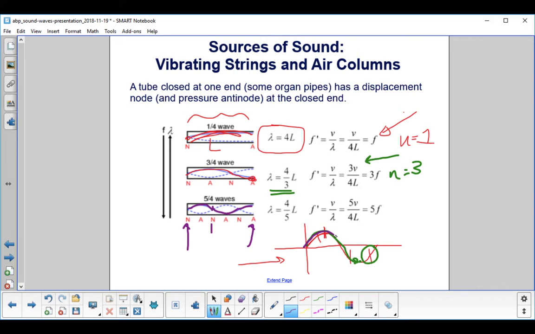That's 5/4. So this time the wavelength is 4/5 L, right? So we now have frequency is velocity over lambda, 5V over 4L, and we note that n is equal to 5 this time times the fundamental frequency. It looks like we're only having odd numbers.